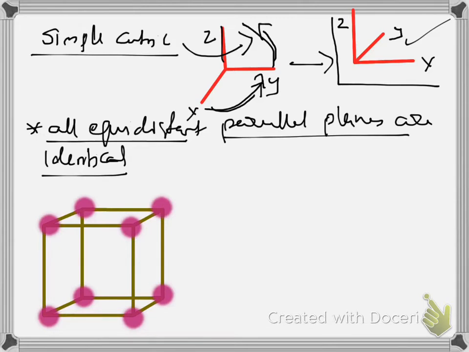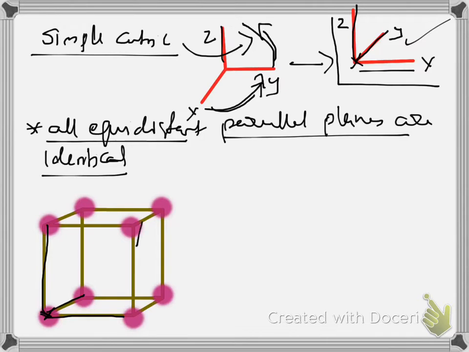Now we start drawing planes. We are taking this as the origin. This is x. Towards the back, that is y. This is z.